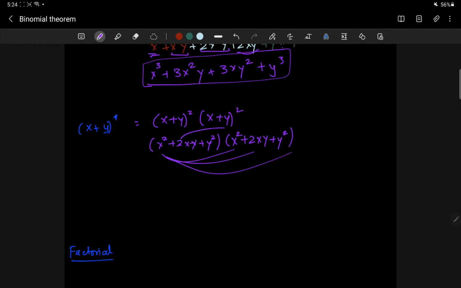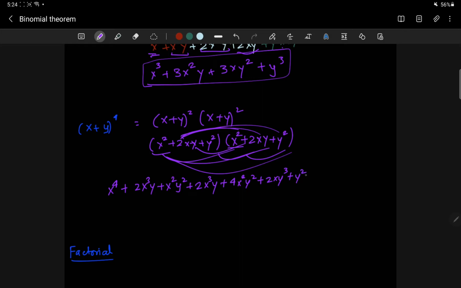It's going to give me 3 times 3, so 9 terms. So x squared times x squared is x to the 4, plus 2x cubed y, plus x squared y squared, plus 2x cubed y, plus 4x squared y squared, plus 2xy cubed, plus y squared x squared, plus 2xy cubed, plus y to the 4.